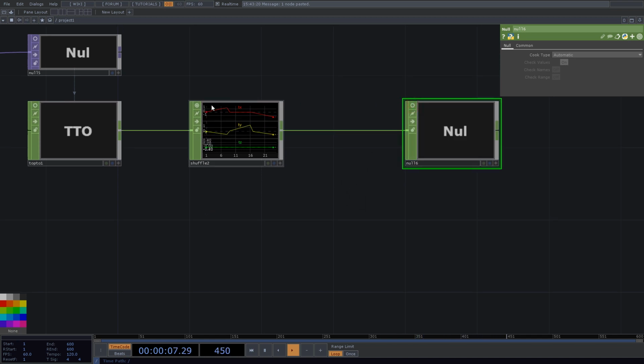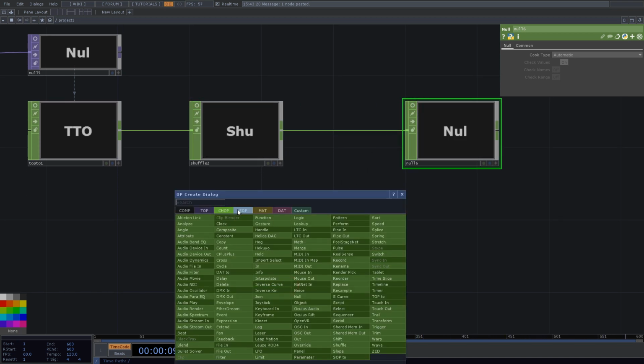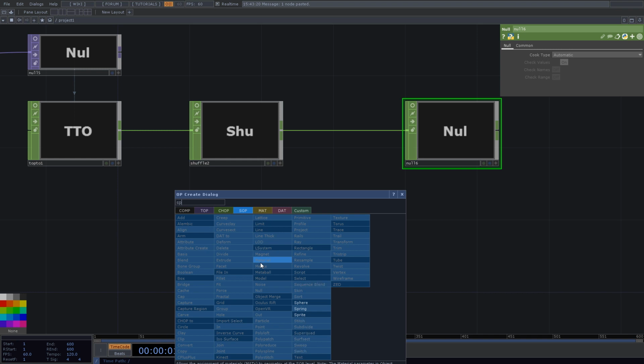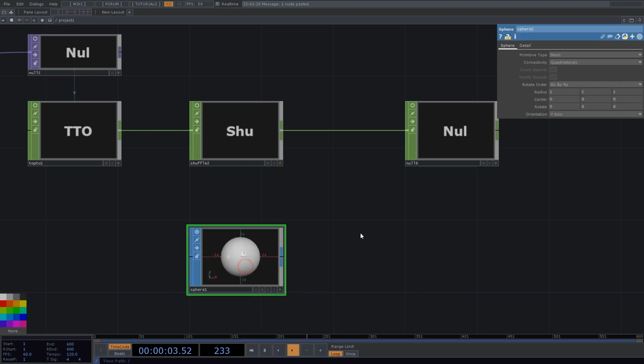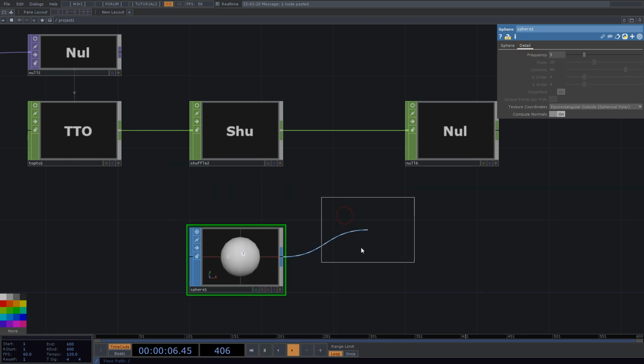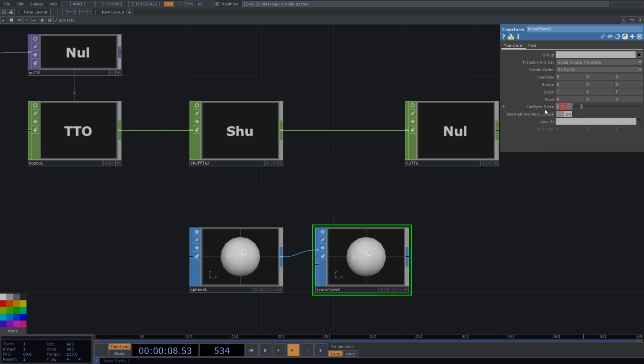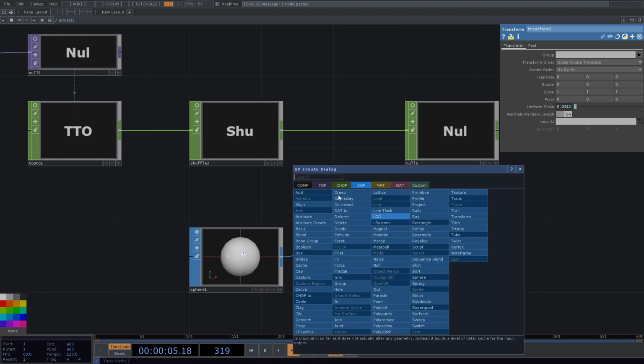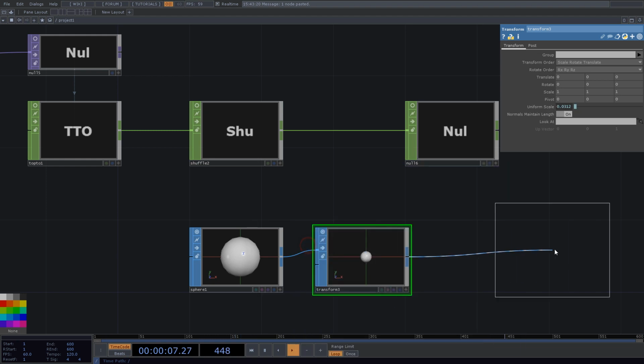Okay, and now we will instance a sphere, and I want to make radius 0.5 and use a polygon and frequency by 3, and use a transform SOP to rescale this by, I don't know, this value, and geometry.